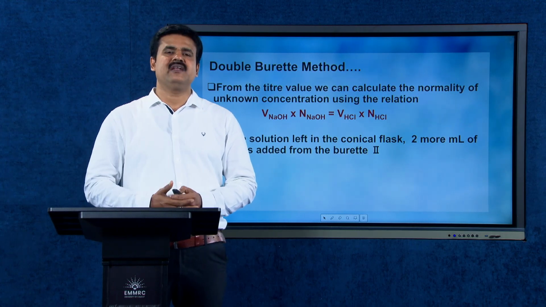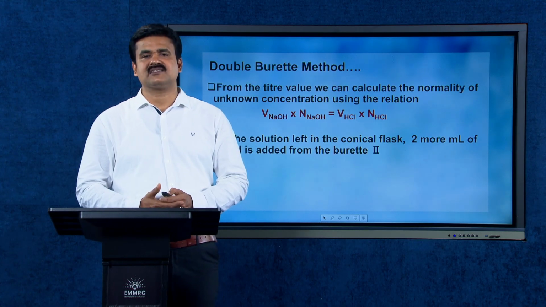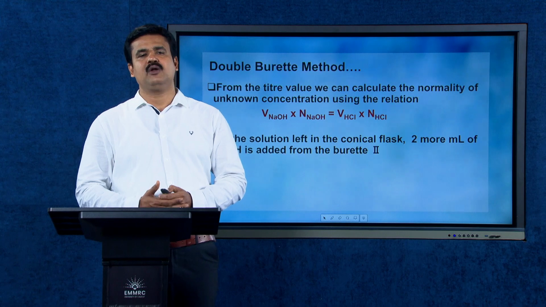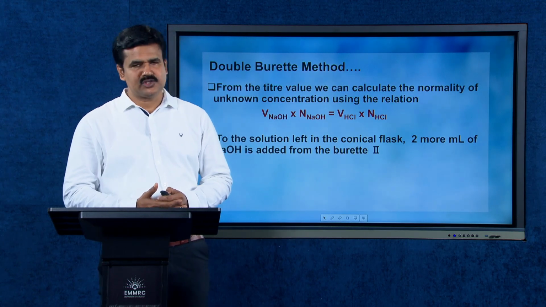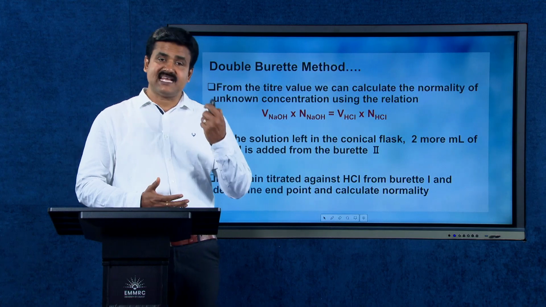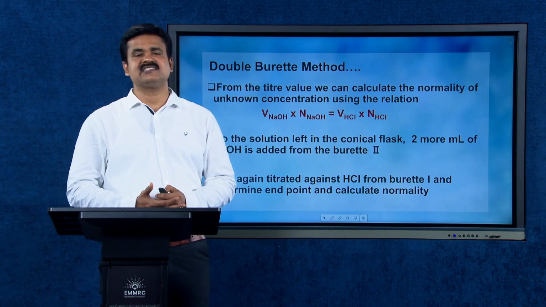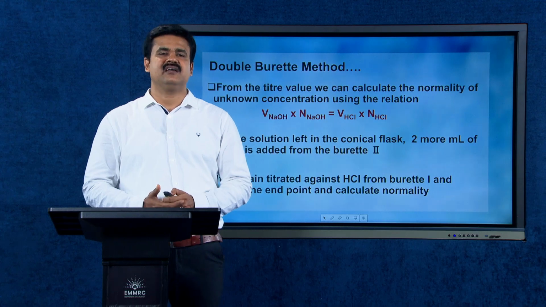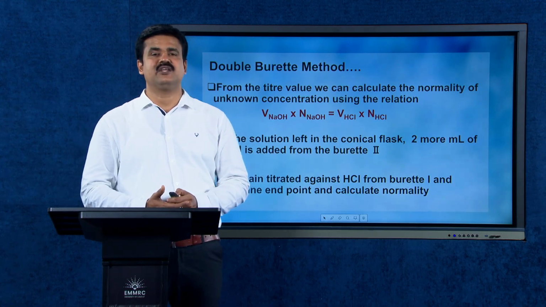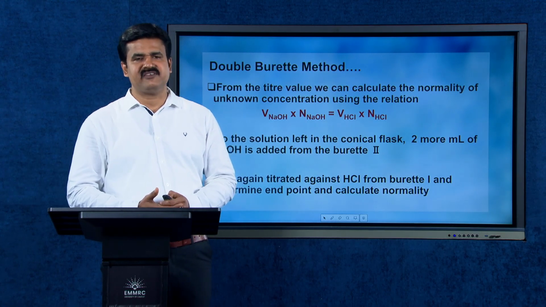To the solution left in the conical flask, 2 more ml of sodium hydroxide is added from burette 2. It is again titrated against HCl taken in burette 1, and determine the end point and calculate the normality by using the previous equation.